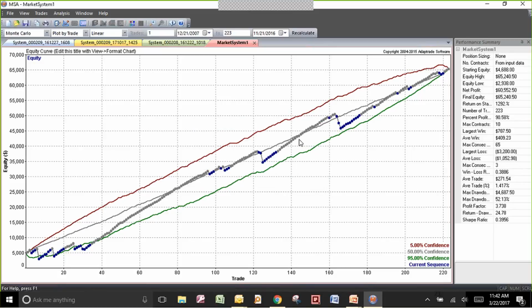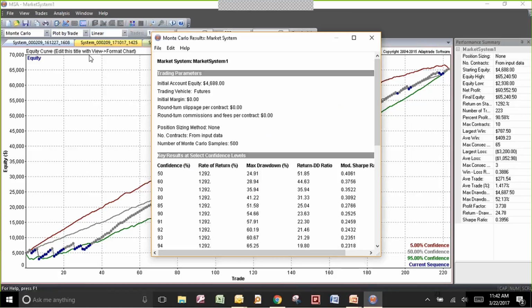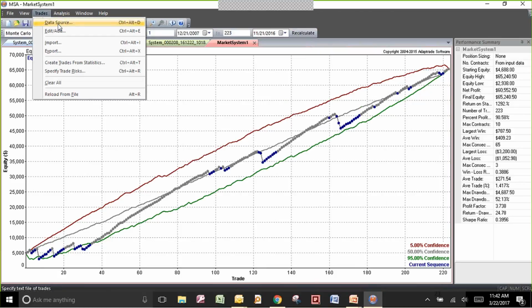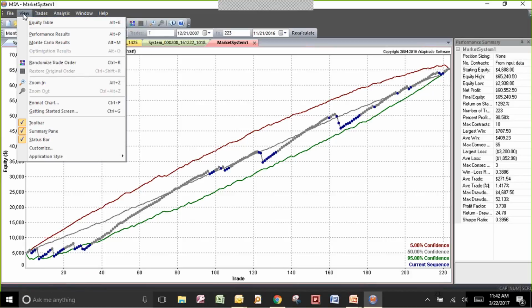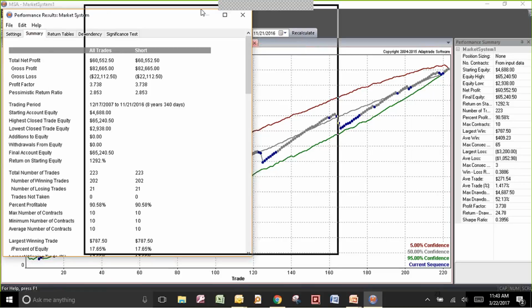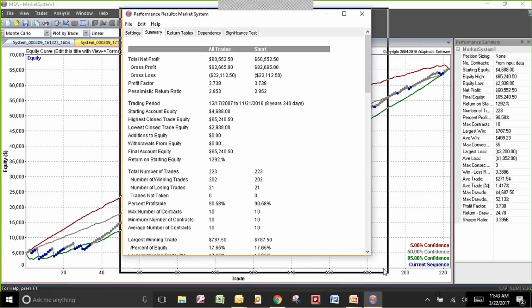So I want to replace it, and I want to turn off this Monte Carlo thing. Yeah. Oh well, stuck with it for now. So going back to the performance results and looking at the summary, yep, we can see. So now it treated these all as short trades, so it now has the right header there.